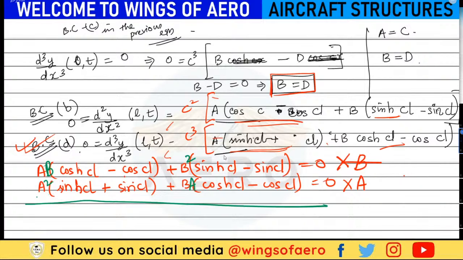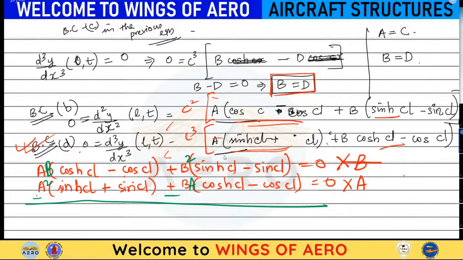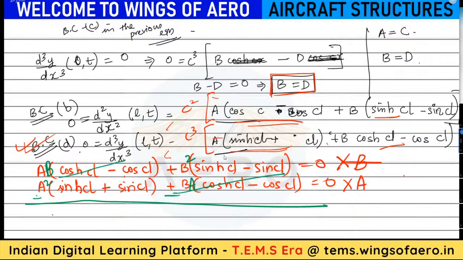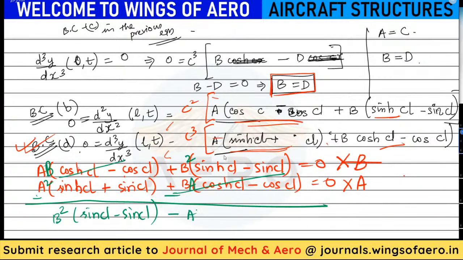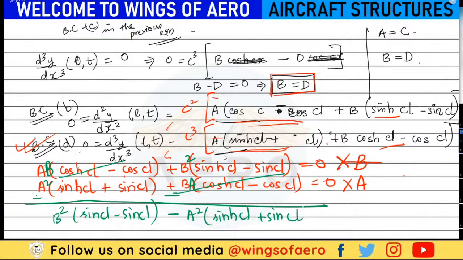Here we have plus, minus, minus, right? Now can I cancel off this equation and this equation? Can I write B square sin CL minus sin CL, okay, minus A square of sinh CL plus sin CL equal to 0.